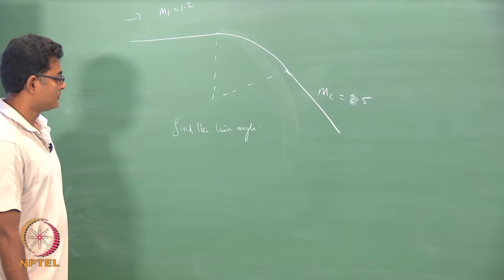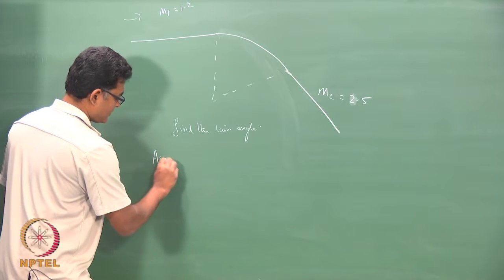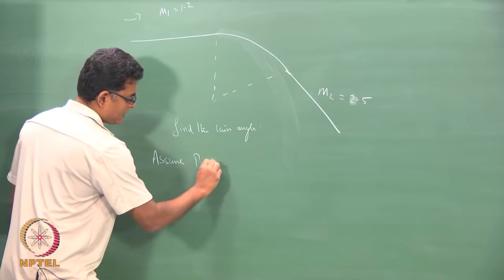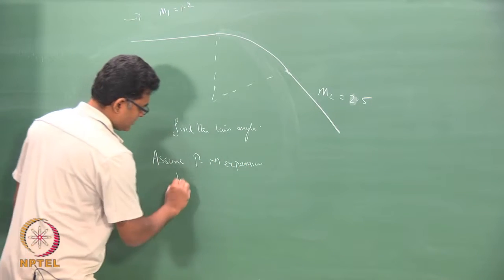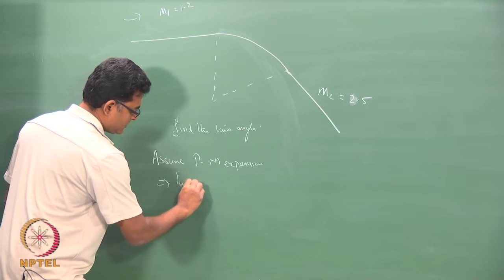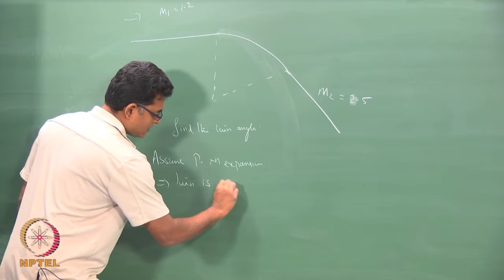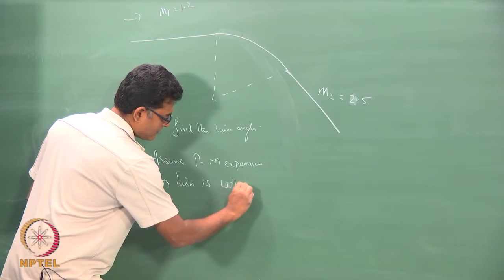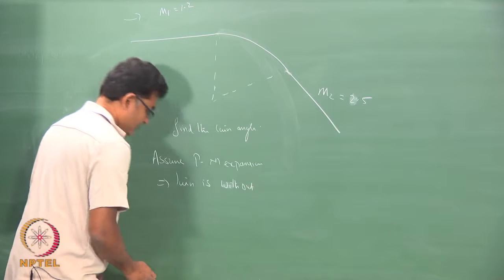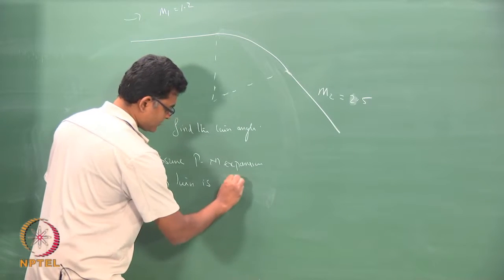Okay. So, we assume Prandtl-Meyer expansion here, meaning the turn is without entropy change, or the turn is isentropic.